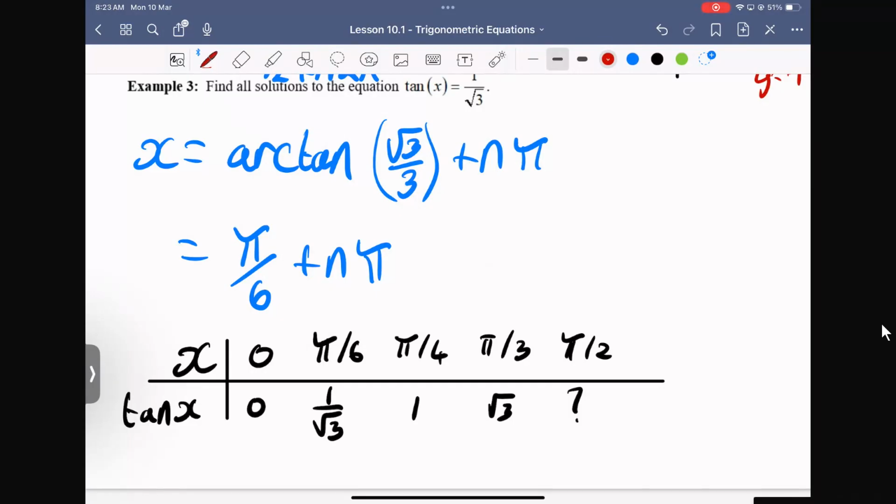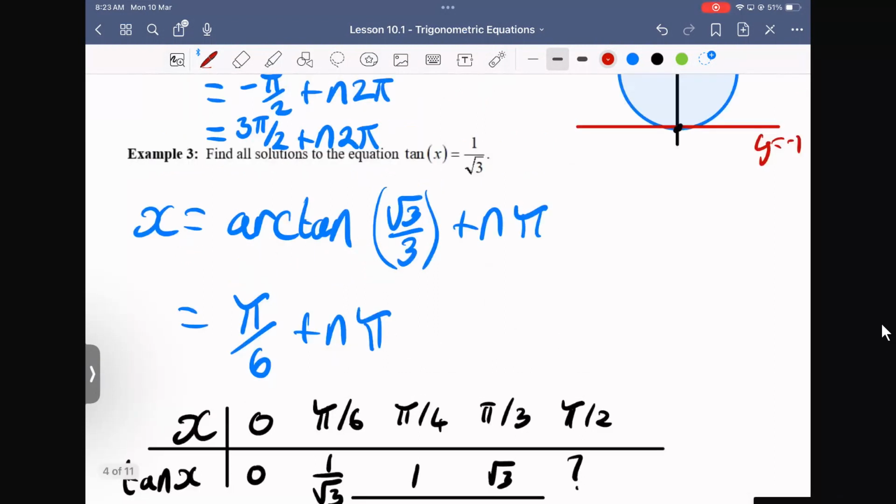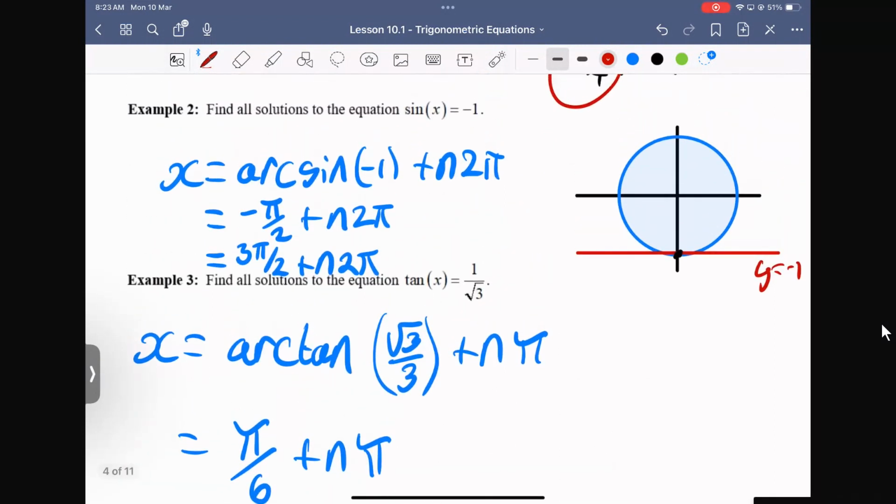For the sine one, I like to rotate it like we did here, instead of having minus pi over 2, to 3 pi over 2. With tangent and sine, if it's in the fourth quadrant and it's negative, I tend to rotate it all the way around. But with the cosine one, it should be in the first or second quadrant.